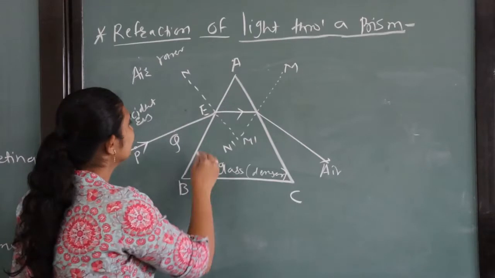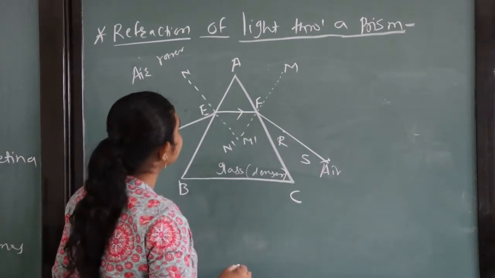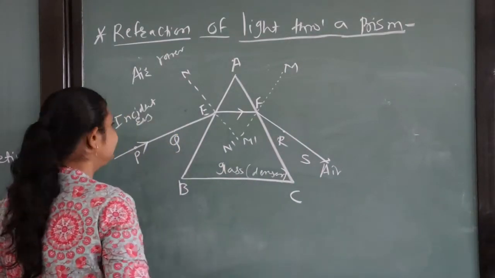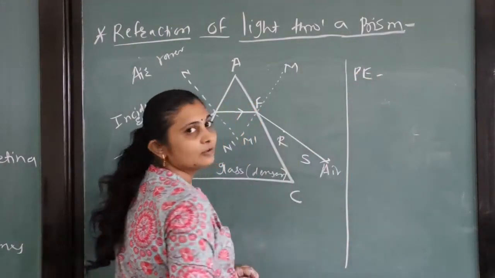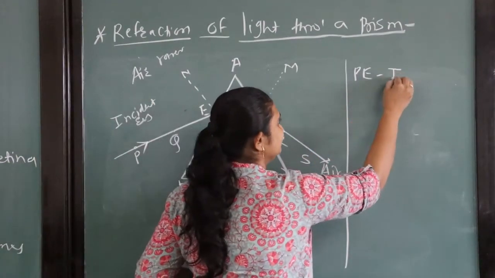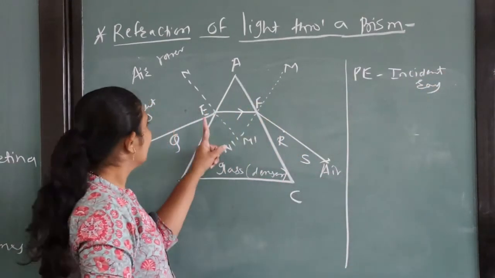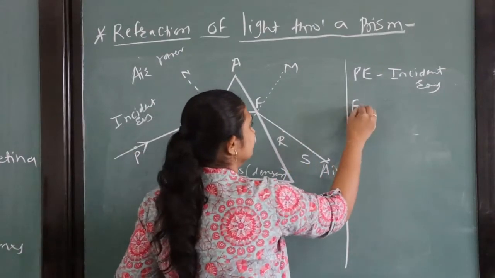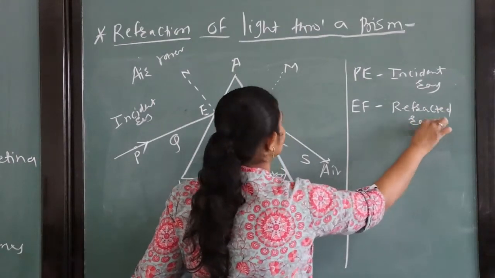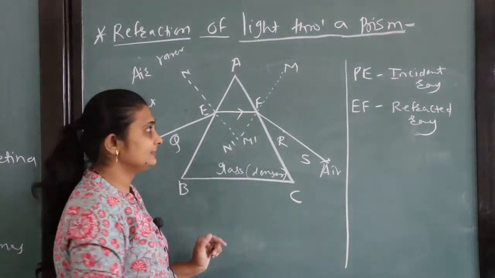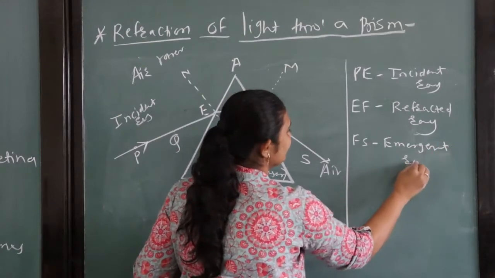This is point Q, F point, R, S. Then here I write: PE is the incident ray, EF is the refracted ray, and FS is the emergent ray.